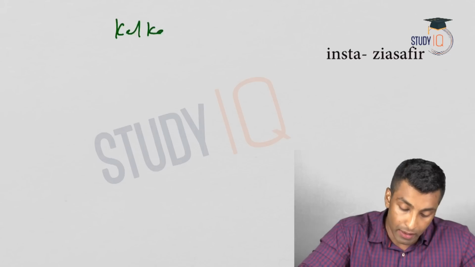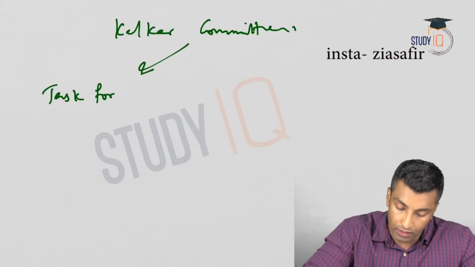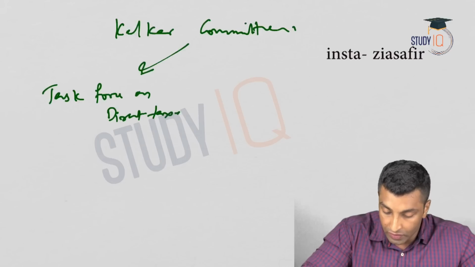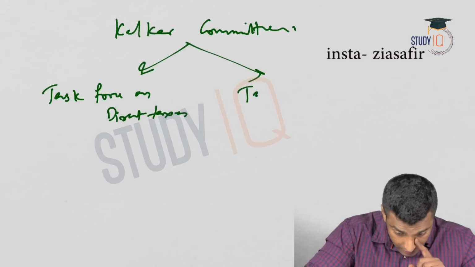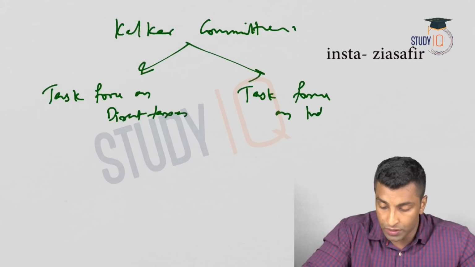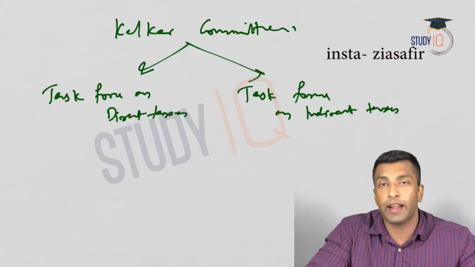And next is the Kelkar committee. Actually, two were there. I've already told you, that is the task force on direct taxes and then the task force on indirect tax.